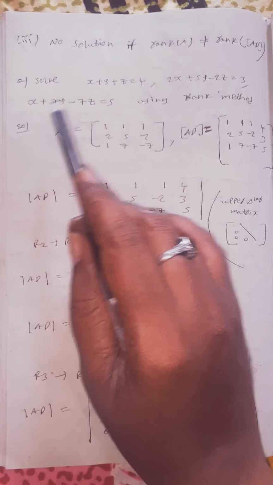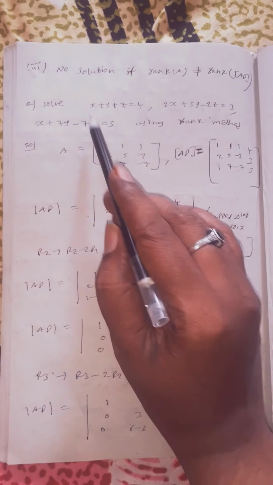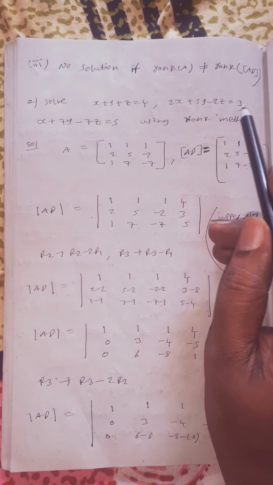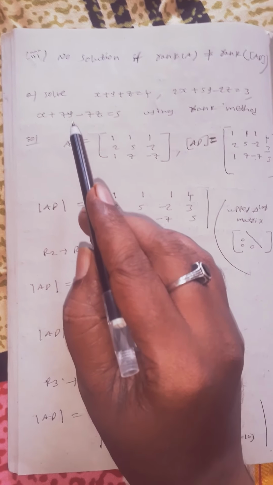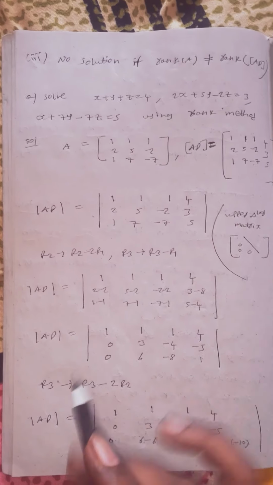So next we will do problems. Very, very important 7 marks question. Solve x plus y plus z equal to 4, 2x plus 5y minus 2z equal to 3, x plus 7y minus 7z equal to 5 using the rank method.